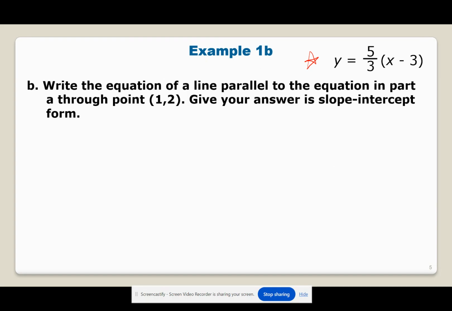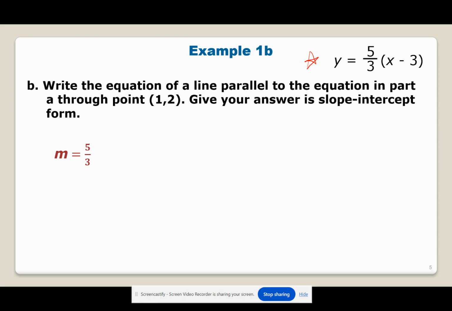So how you're going to use the equation that you've already gotten is to just find the slope. Okay? If I need this line I already have and a new line to be parallel, they have to share a slope. That's the only thing they have to share. So on your paper, what you're going to write is the slope, m equals 5/3. Okay, so tell me that you're using that slope in your new equation.